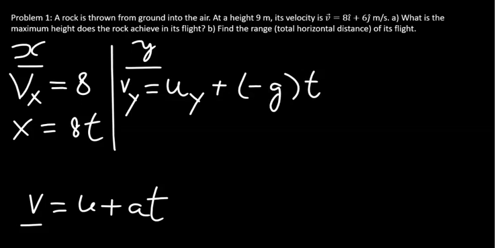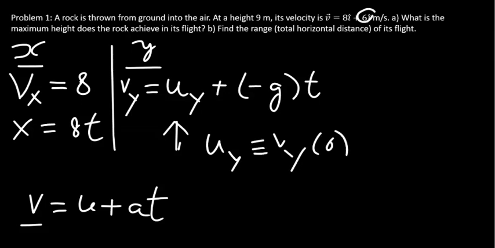Now you may say, does this 6 refer to this u_y? It's not, because u_y is the value of v_y at t equals 0 seconds. This is the value of v_y at some arbitrary time, which we don't know, because at that time the projectile is already at a certain height.